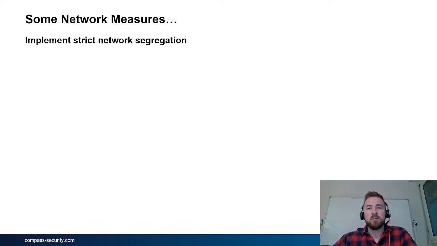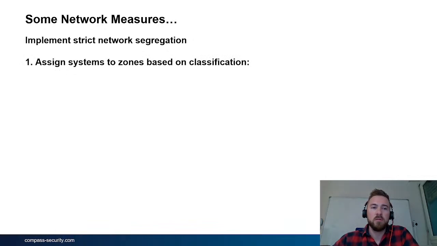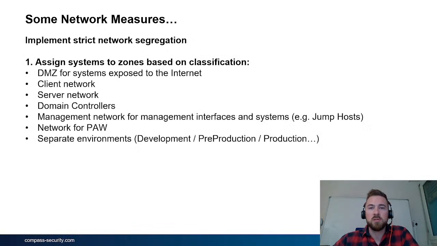You should implement strict network segregation rules, meaning you should assign your systems to different zones based on the classification. So you need to create zones for your clients, for your servers, even split the server zone into maybe database systems, application systems, web servers, etc. And you should also make sure that you have separate zones for management interfaces and environments.